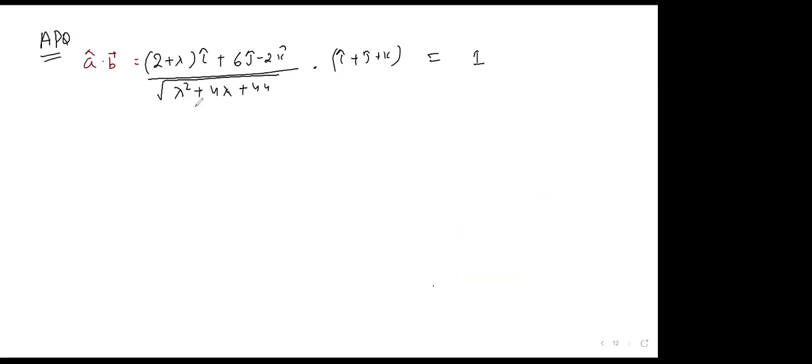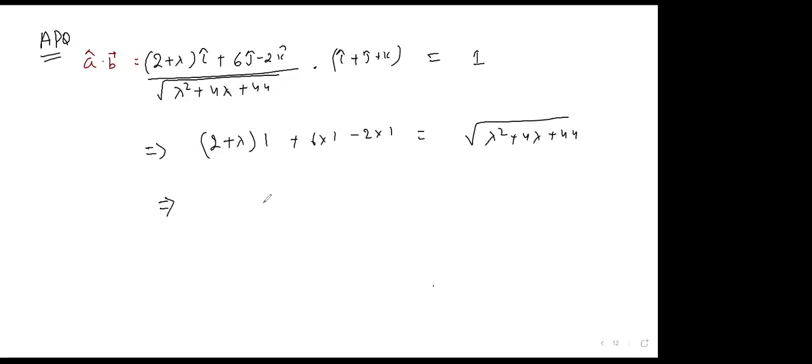So we can cross multiply. We can send the denominator to the right hand side. So we have 2 plus lambda into 1 scalar product, 2 plus lambda into 1 plus 6 into 1 minus 2 into 1 equals the square root of lambda square plus 4 lambda plus 44.